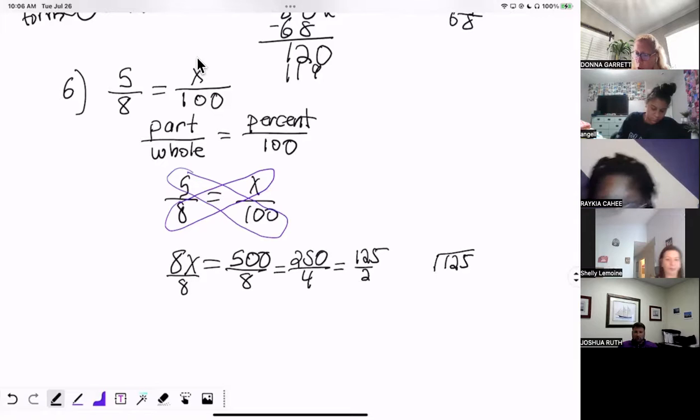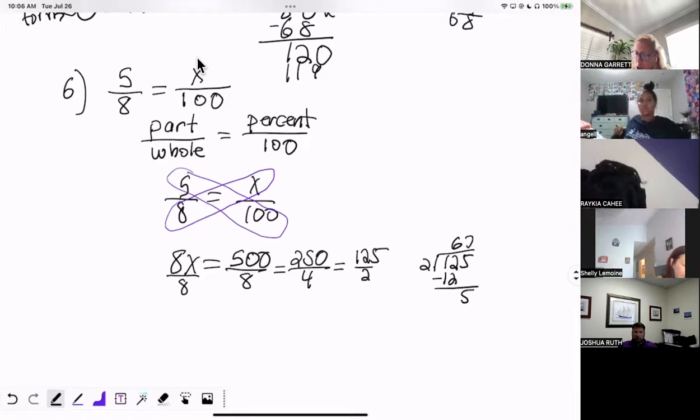125 divided by 2: 2 goes into 12 six times, that's 12, subtract to get 0, bring down the 5. That's 2 times 2, which is 4. Subtract to get 1. Here's my decimal place. See how the decimal place is now coming in the right spot because we did it a different way. Bring down a 0 and then 5.